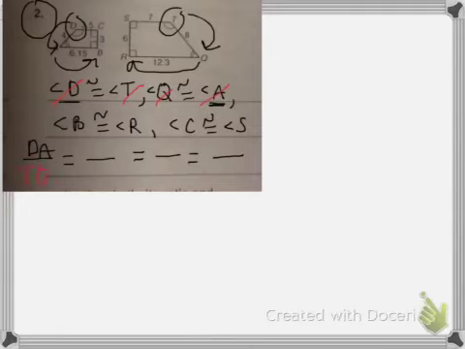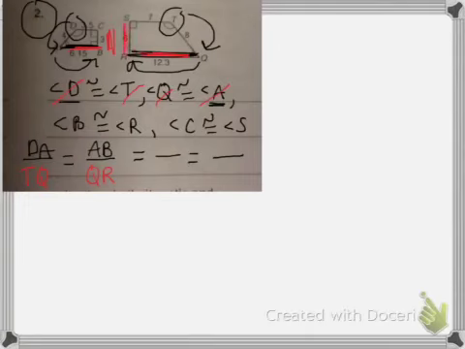The next one that goes together is QR and AB. AB and QR. All right, so we've taken this one, the two bottom ones. The next one that I'm going to do is the one on this side and the one on this side.